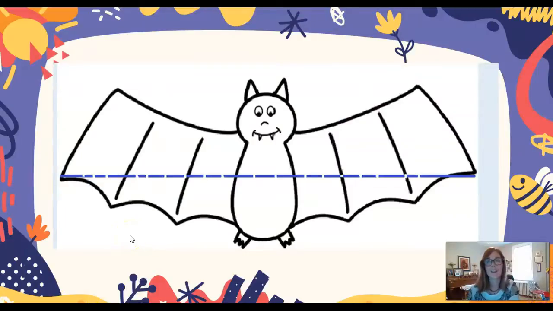Let's see how to use one of those units to measure. We're going to measure the length of the bat's wingspan. That's from one tip of his wing to the other.